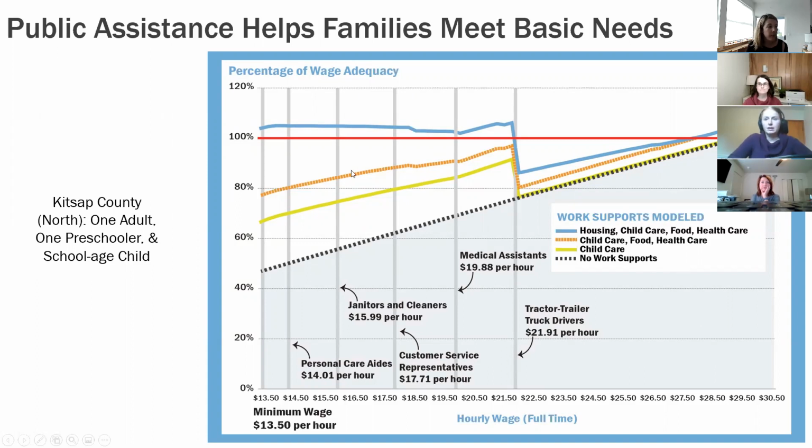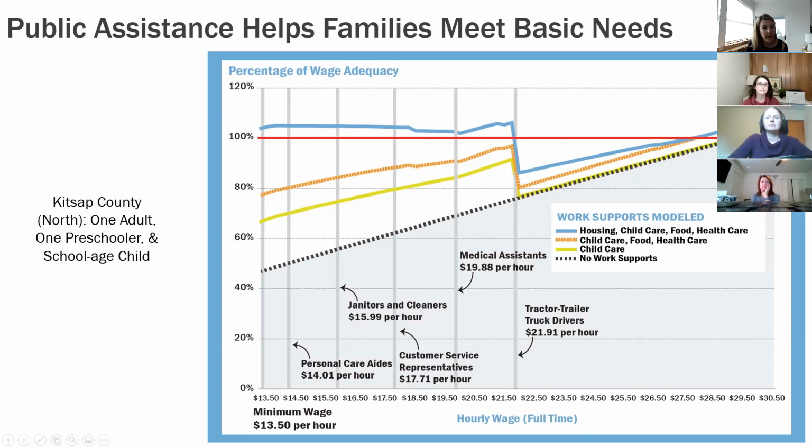This is depicting a family of one adult, one preschooler, and one school-aged child in Kitsap County who require an hourly wage of $29.44 per hour in order to meet 100% of their costs. And you'll notice that that line intersects with this 100% wage adequacy.